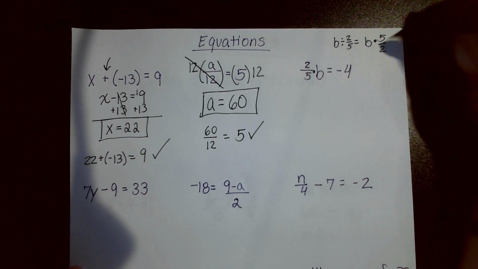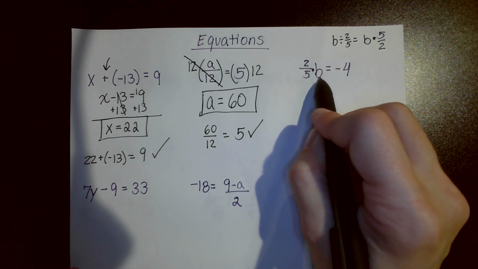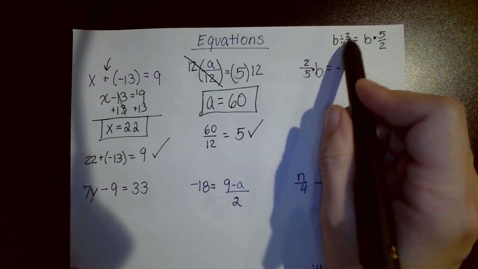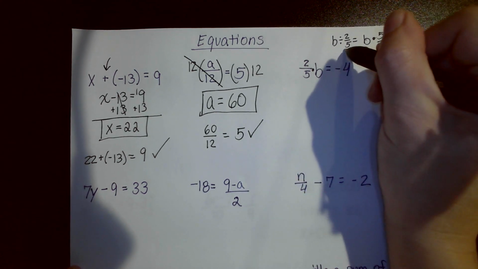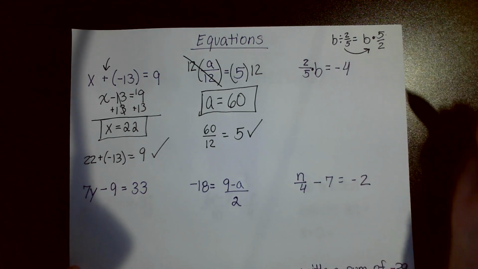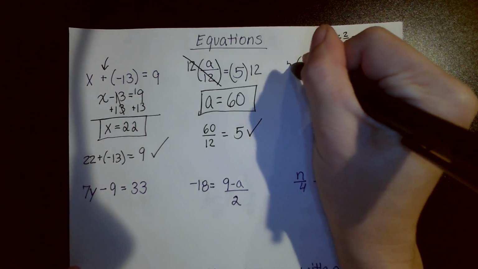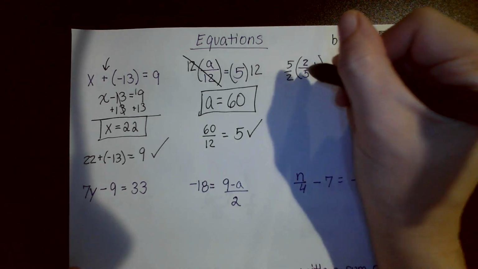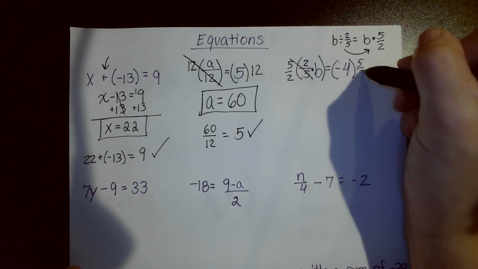So that's why when we have 2/5 times b and we want to separate this, we're multiplying now, so we need to divide. And when we're dividing fractions, we know that that's really multiplying the inverse. So on this side, you're going to multiply by 5/2. Don't just pick one or the other. We got to multiply by the whole reciprocal, by 5/2.